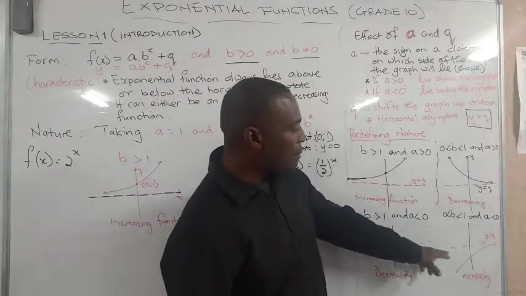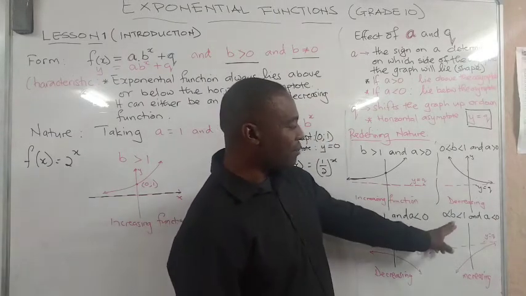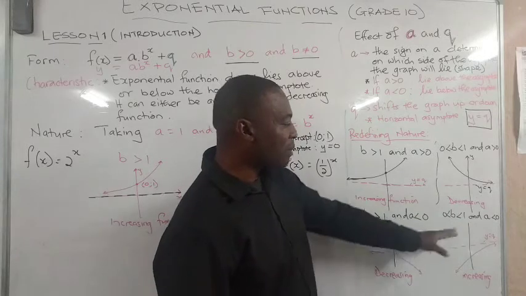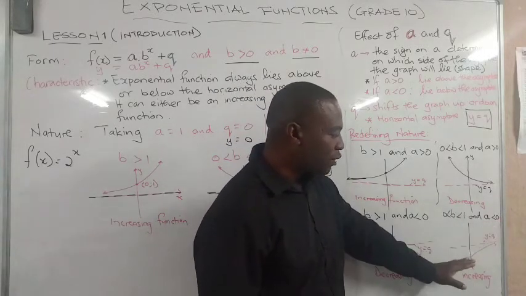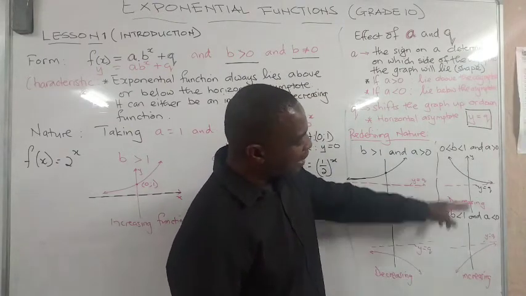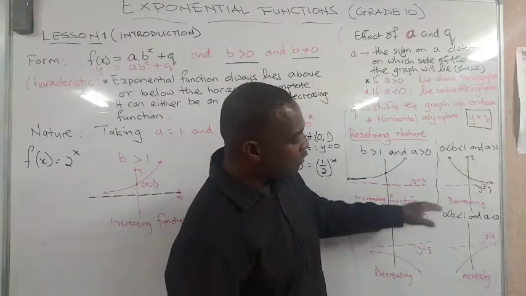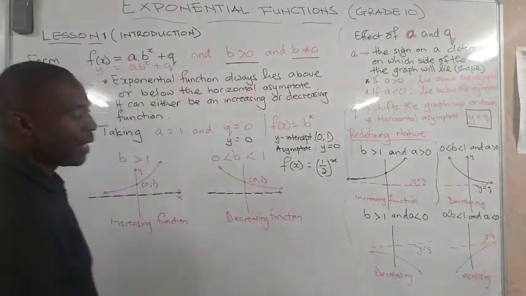And here, when a is less than 0 and b is greater than 0 but less than 1, the graph should be below the asymptote, and we can see that it is a reflection of this graph along the asymptote line.